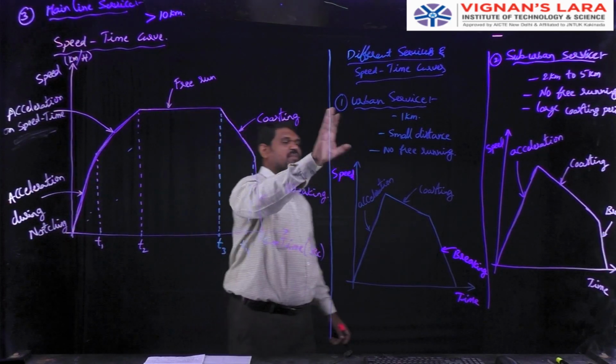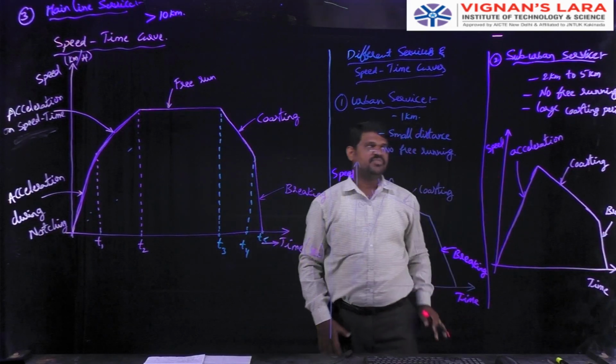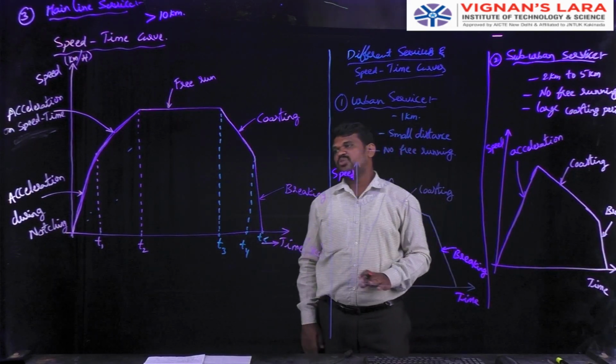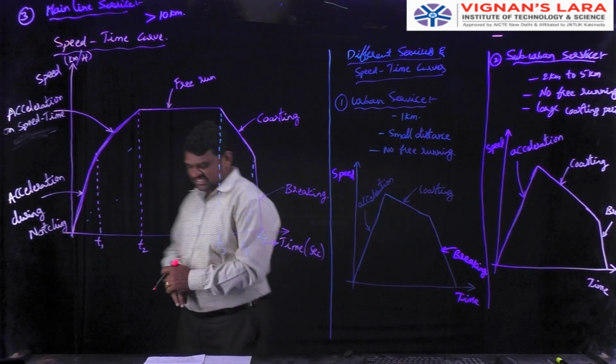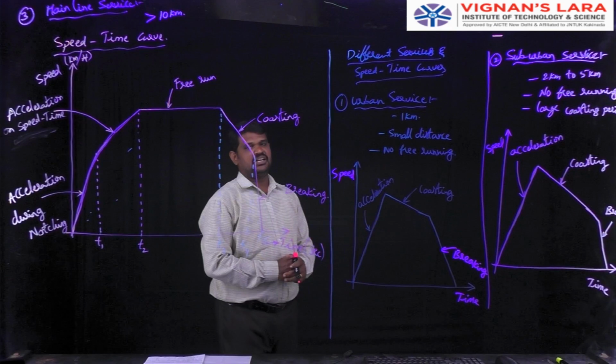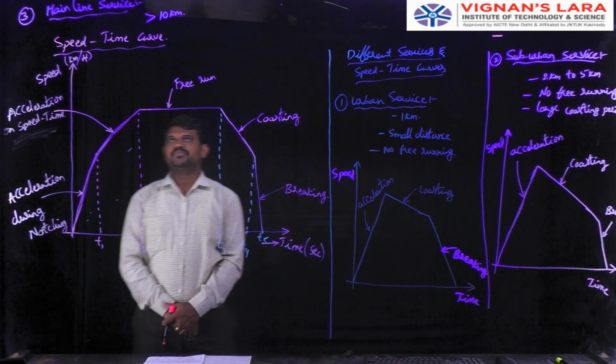For suburban, there is no free running period. For urban also, there is no free running period. These are the different services and their speed-time curves.